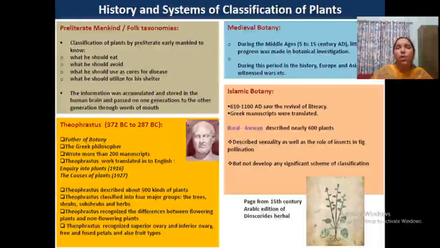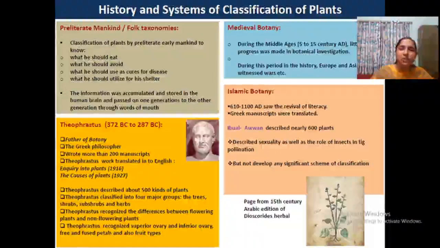Likewise, only for day-to-day life they needed some knowledge regarding these plants. So that is the old age time. Then in the medieval period, the Middle Ages, which is the 5th to 15th century, there was no such progress in botanical investigation. Some work was done in Europe and Asia.